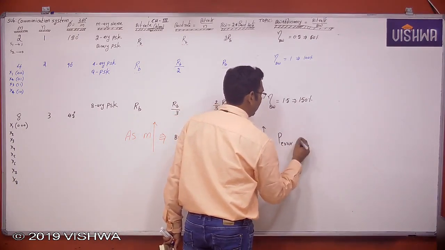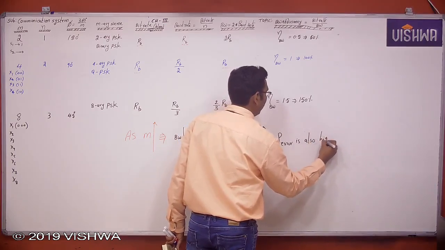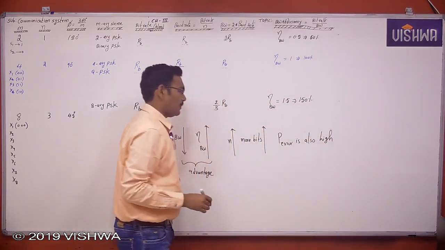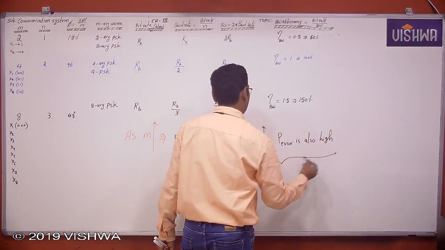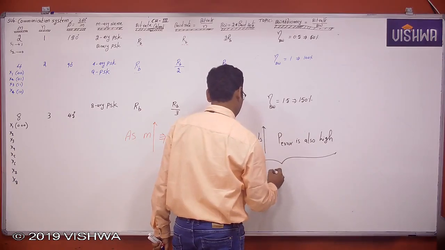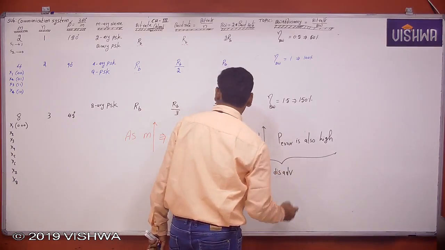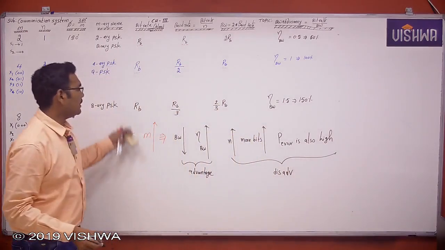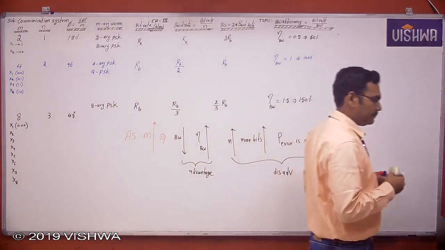Probability of error is also high. Is it right or not? As n increases, more bits and error probability also increases. This is somewhat of a disadvantage. But anyway, as M-ary increases, the bandwidth decreases, which is a very good advantage for us, no doubt.